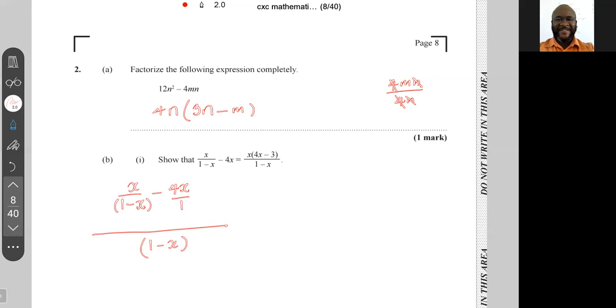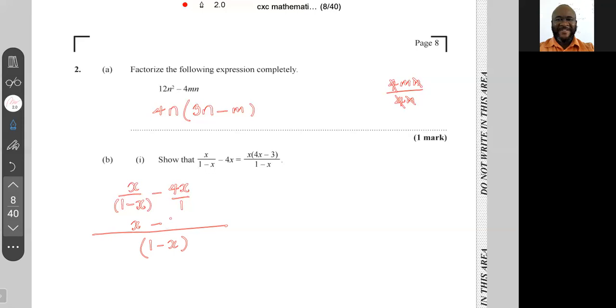If you have 1 and 10 in the denominator, the LCM is 10. If you have 1 and 1 minus x in the denominator, the LCM is 1 minus x. Guys, 1 minus x into 1 minus x is 1. 1 times x is x. Minus 1 into 1 minus x is 1 minus x.